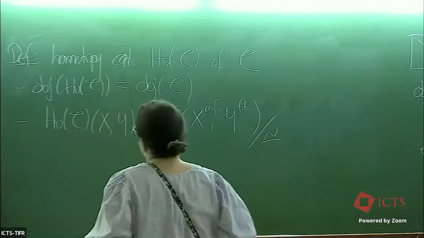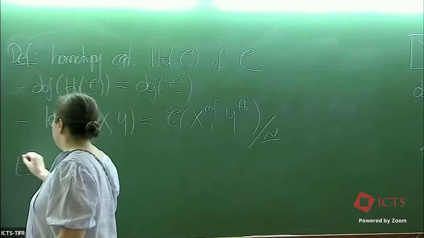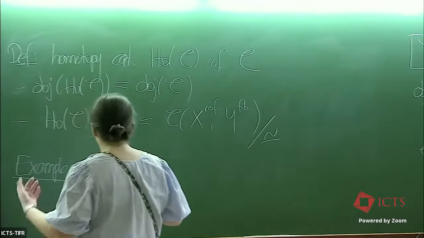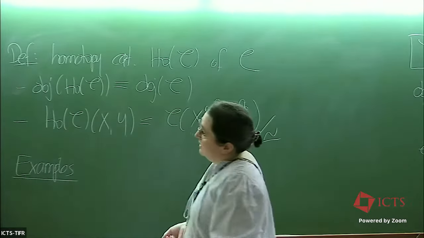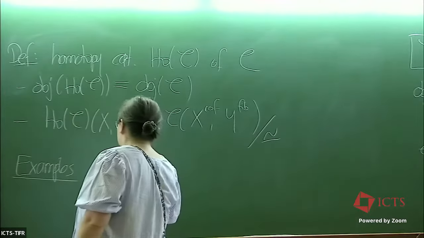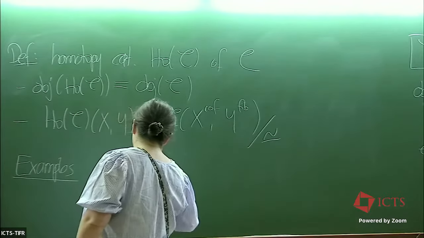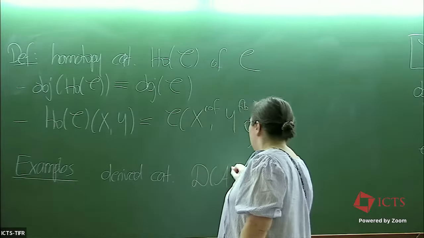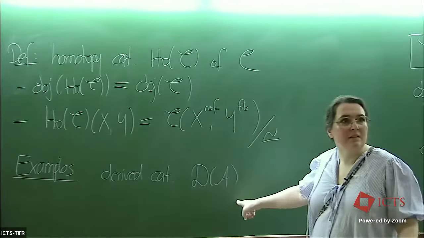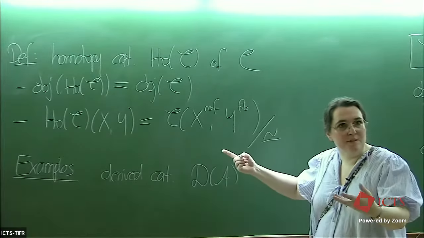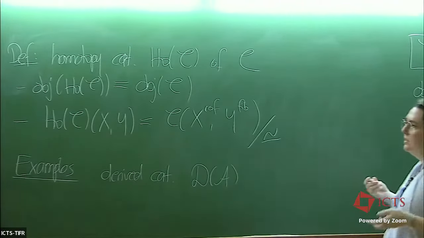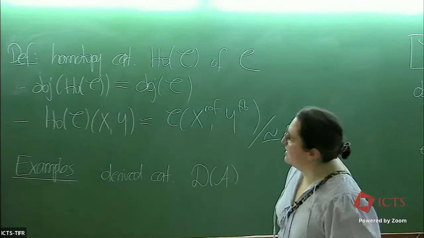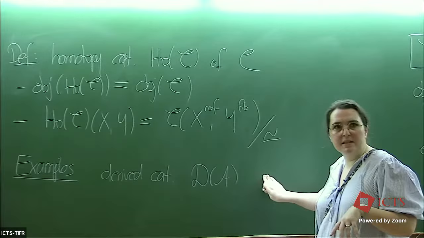And, well, examples of these things. So the derived category of your favorite abelian category is exactly the homotopy category of a model structure with H-star isomorphisms as weak equivalences.